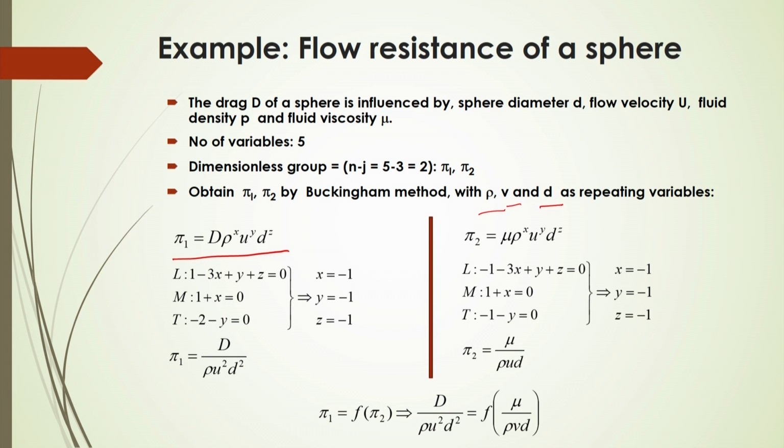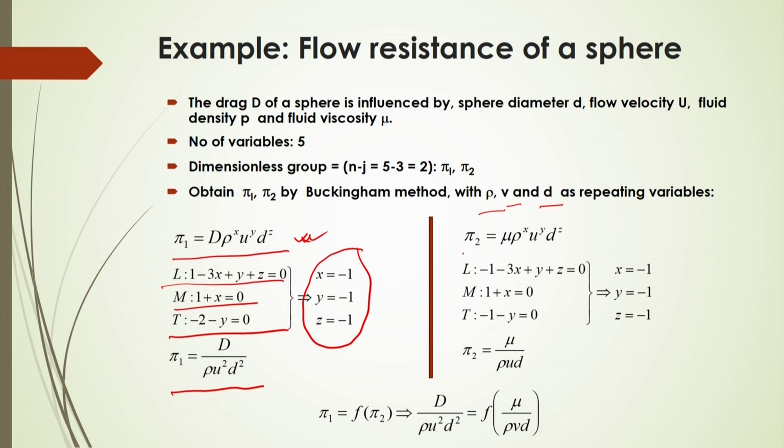If you compare the coefficients of these variables on both sides of the equation for this phi 1, you get equations, and after solving them you get x equals minus 1, y equals minus 1 and z equals minus 1. After substituting x, y, z in the equation, you get phi 1 equal to D by rho u square d square.